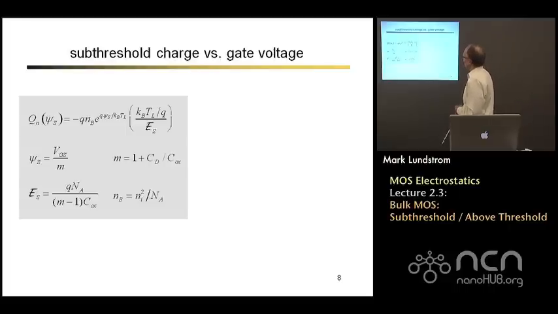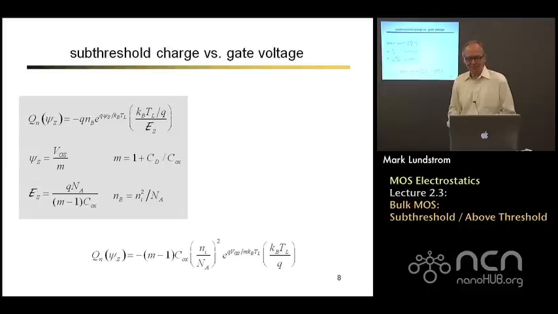Okay, so now let's see if we can complete the calculation. We have this expression for the charge as a function of surface potential. We have a relation between the surface potential and the gate voltage. We have a relation between the electric field and parameters that we think we know, and I'll remind you that the electron density in the bulk is Ni squared over Na.